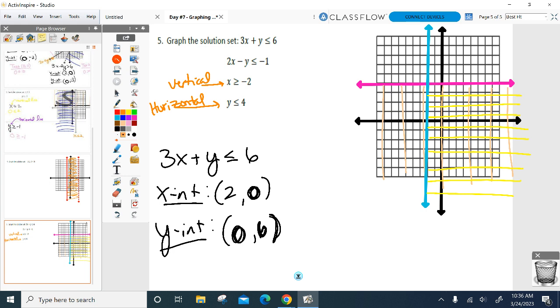We're okay there? My intercepts? Before I graph them? (2, 0) and (0, 6). Need a solid line for this.